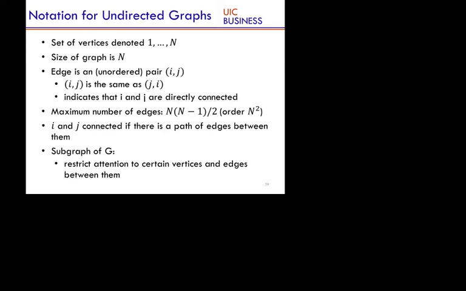Does everybody understand why the maximum number of edges in this undirected graph with n nodes is n times n minus 1 by 2? Or is it too simple? I just want to calibrate, right? Is it clear? If it's not clear, then it's always good to draw a 3-node graph or a 4-node graph and see what is the maximum number of edges that you can fit and see if it is following this formula, right?